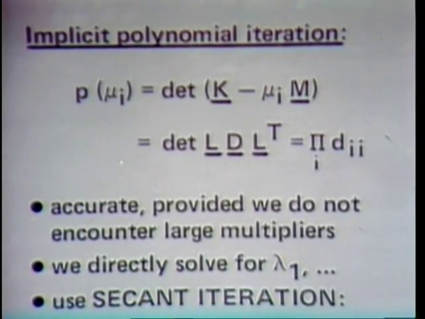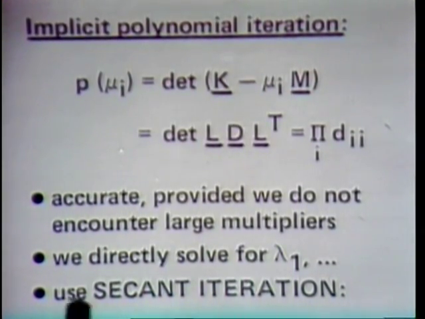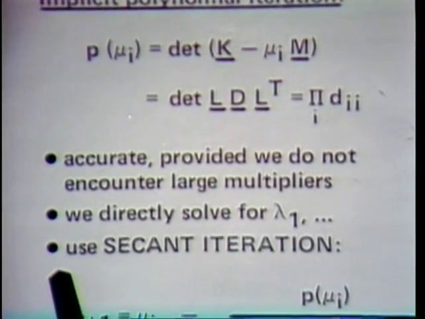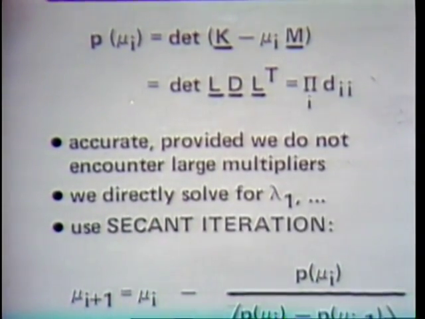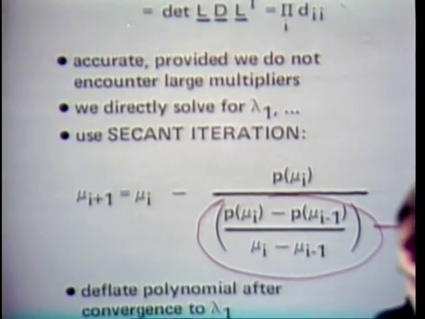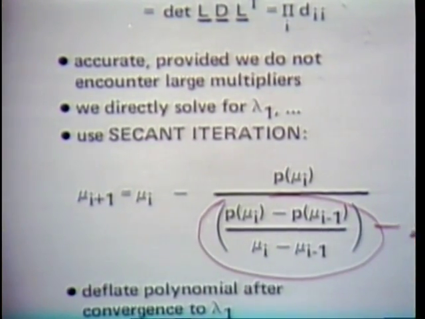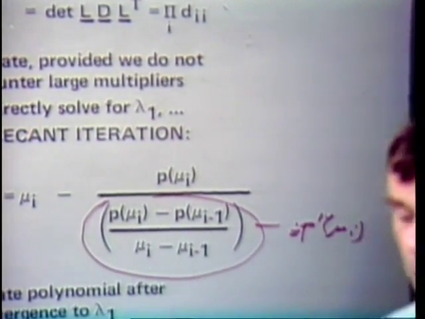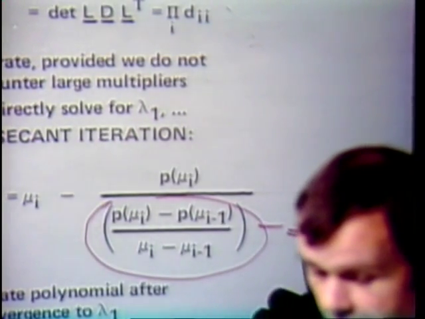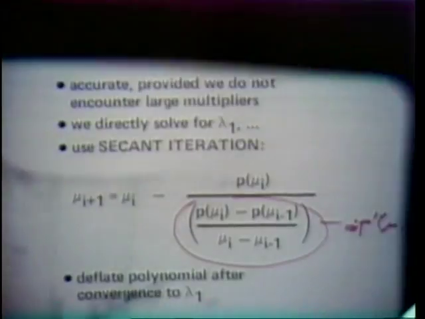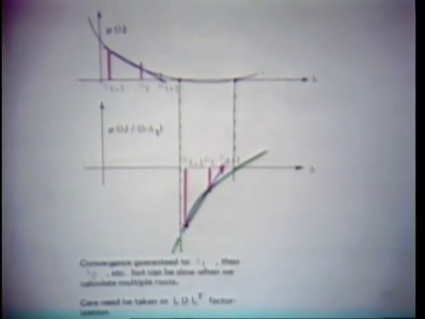And if we do, we have to shift away, we have to change our mu I. Also, we directly solve for lambda 1 and so on. And furthermore, we can use effectively a secant iteration. Instead of calculating the p prime at mu I, we are putting this value here, which gives us an approximation to that derivative. This is what we call the secant iteration. Once we have calculated one eigenvalue, of course, we will have to deflate to calculate the next eigenvalue. And this is the process that we would pursue.